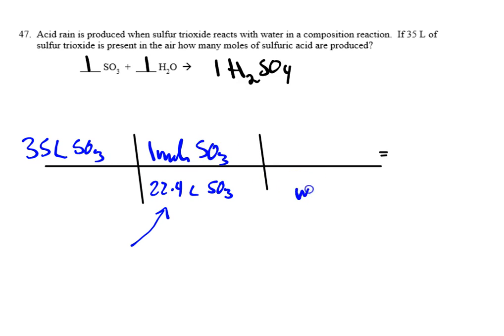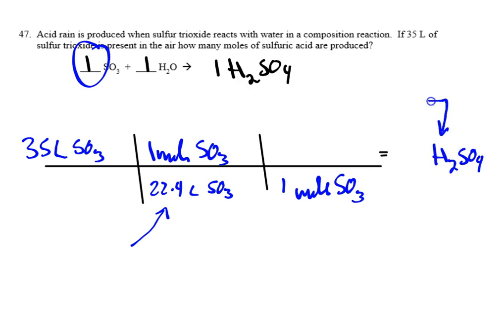So I'm going to put mole of SO3 down here, and that happens to be a 1. Remember, it's not always 1, even though the last 2 it has been, I think. That's just random. All right, and then we're solving for H2SO4, which is what causes acid rain. And that was mole, right? So now I have 1 mole H2SO4. And this is around 1.5-ish, 1.4, I can't remember. 1.56? Okay.